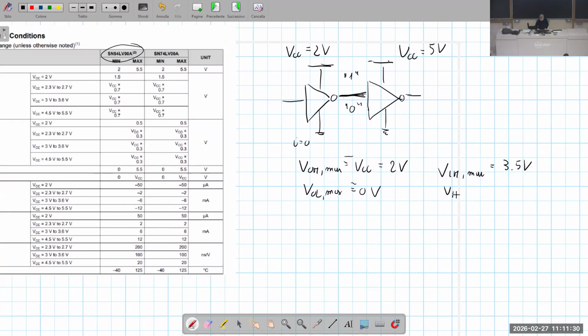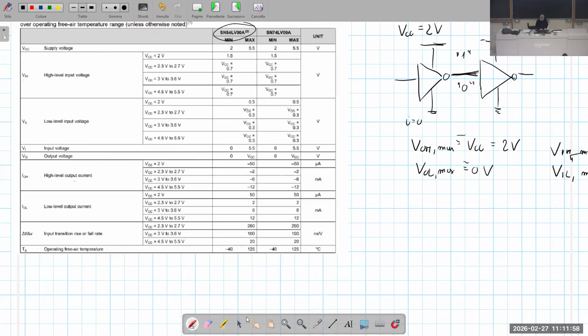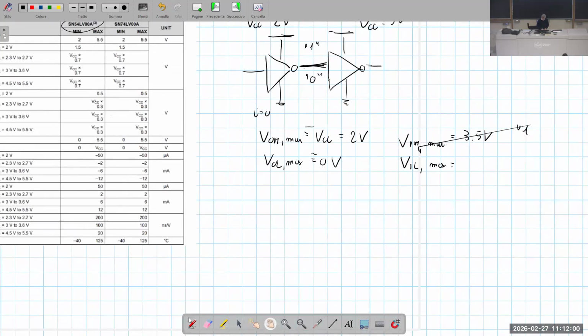So VIH minimum is 3.5 volt. VIL maximum, that is the maximum voltage which is yet recognized as a 0.